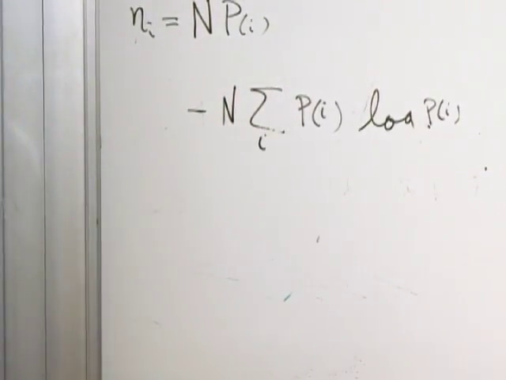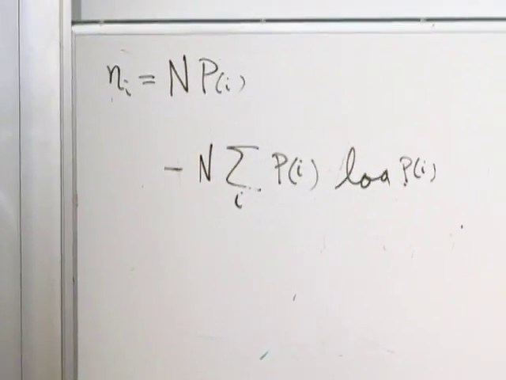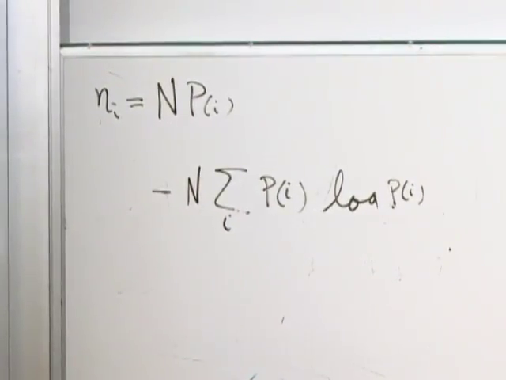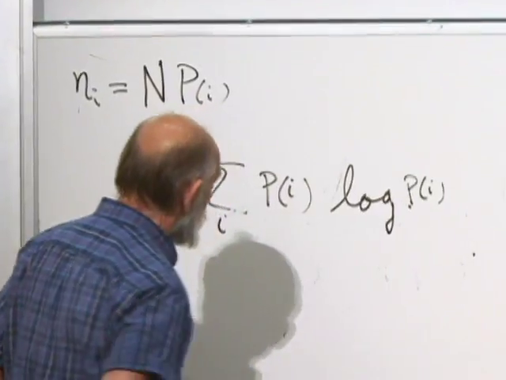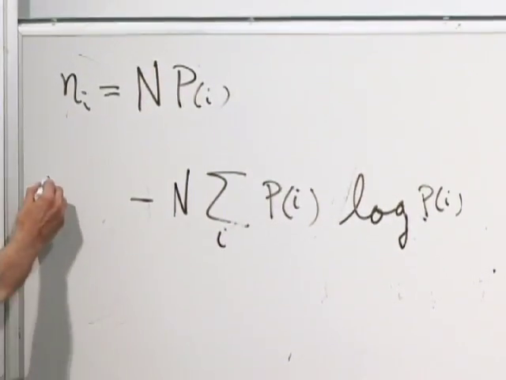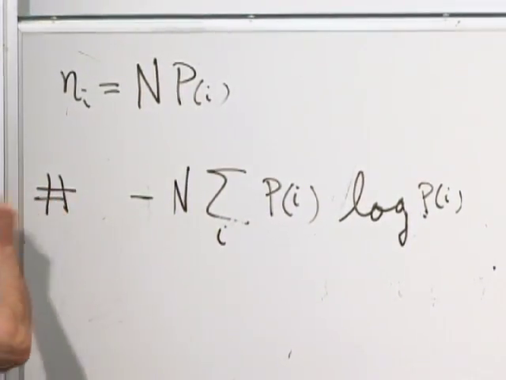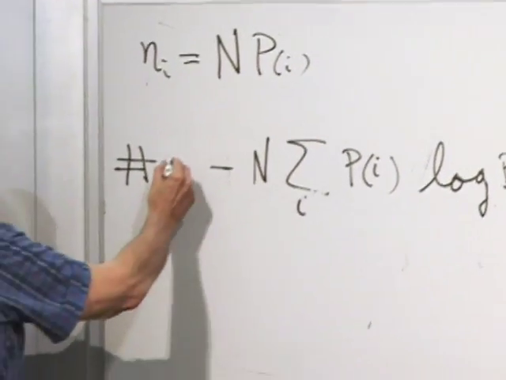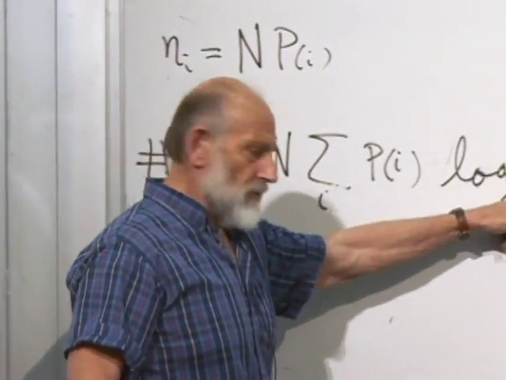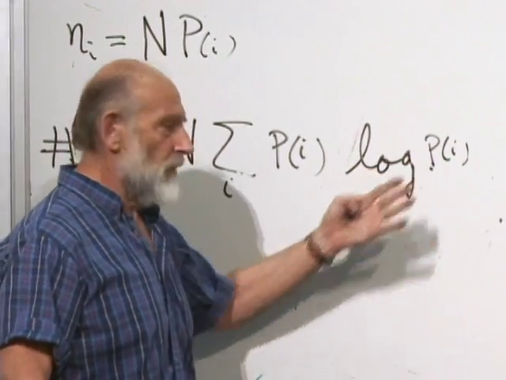That's it. Yes, you can remember that this is the entropy, but let's just take it for what it is. How can it possibly come out to be negative? The log p sub i is less than 1, and so the logarithm is negative.